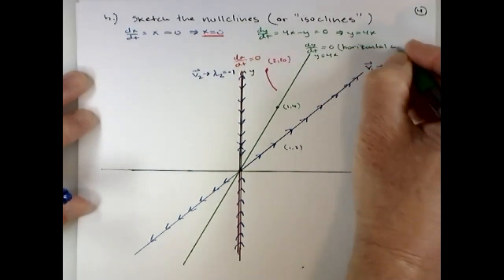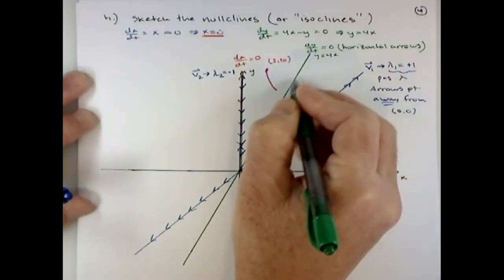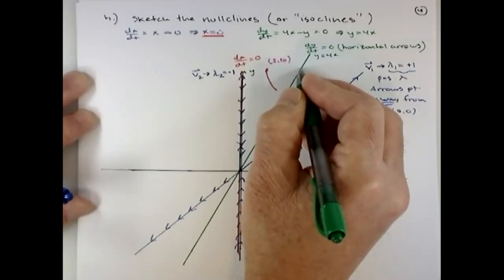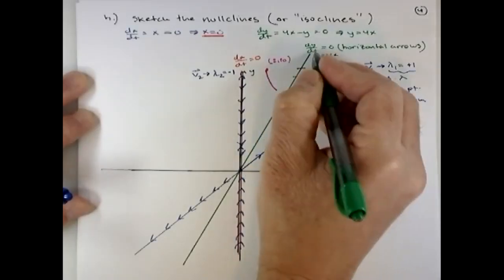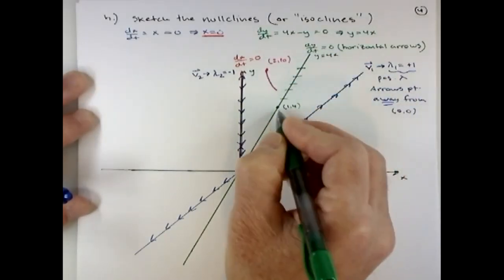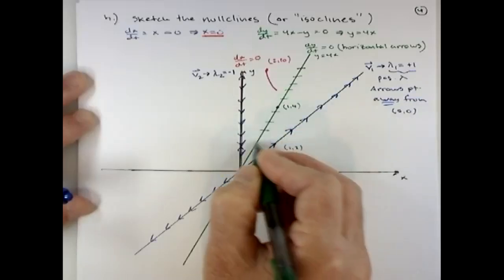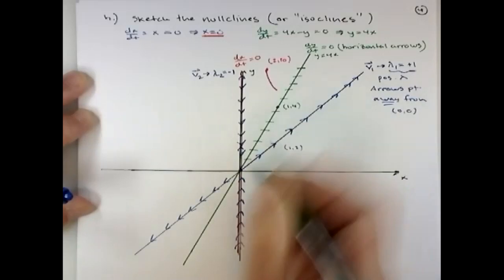Let me put arrows. In other words, every solution that goes through here is going to cross horizontally because dy/dt is 0. There's no gain in y, right? Every solution would cross horizontally. We're mainly interested in this region, so I'm not going to draw it throughout here.